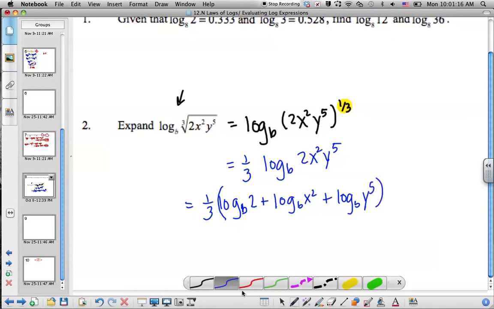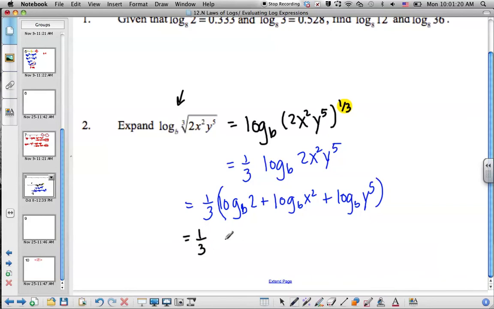And now expanding within those parentheses again, we'll have log base b of 2 plus, bring out your power, 2 log base b of x plus, bring out your power again, 5 log base b of y.